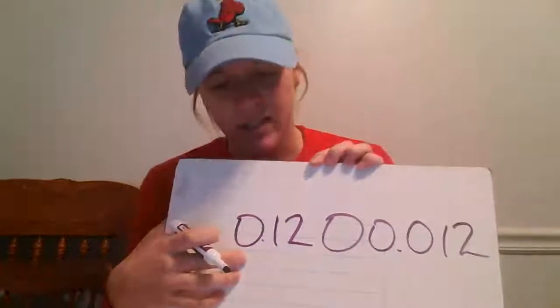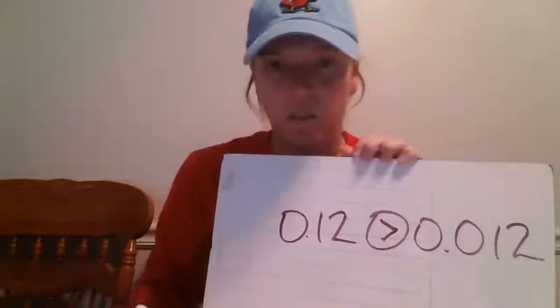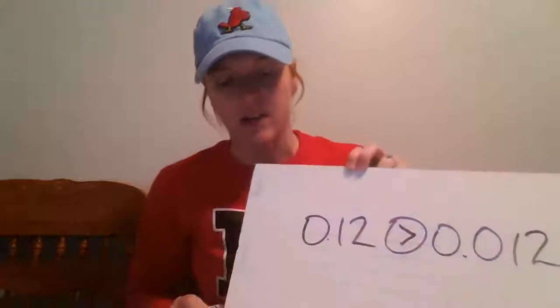So if we look at this, 0.012 is going to be smaller than 0.12. Okay, everybody following along with that? Like I said, the further the decimal point goes out, the smaller the number is going to be.